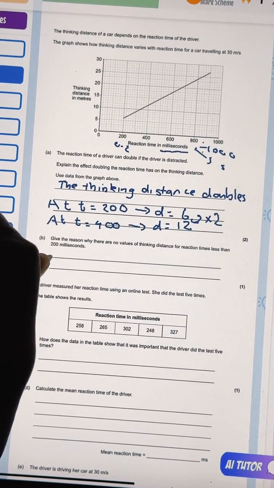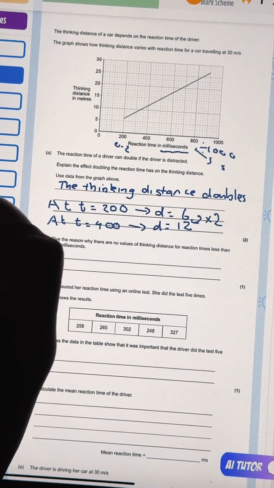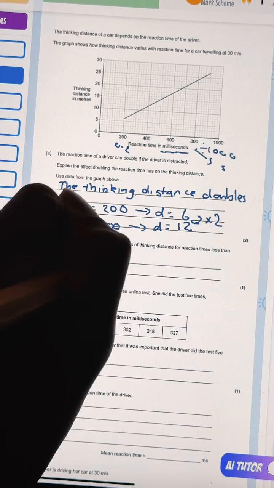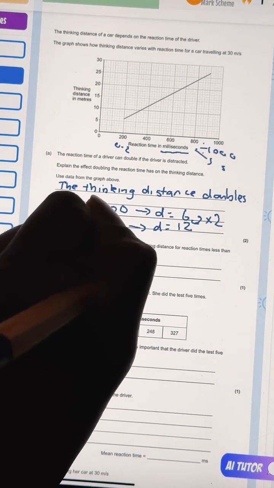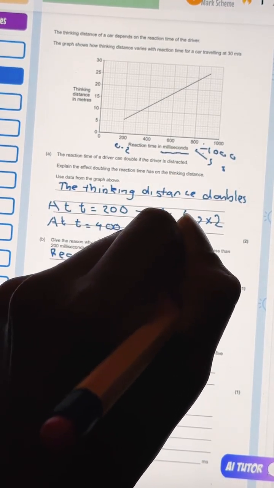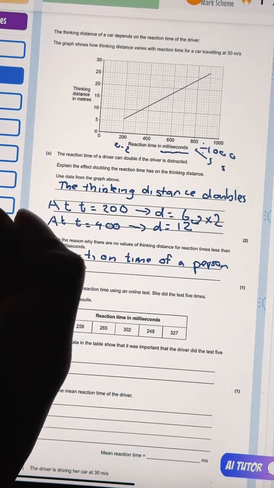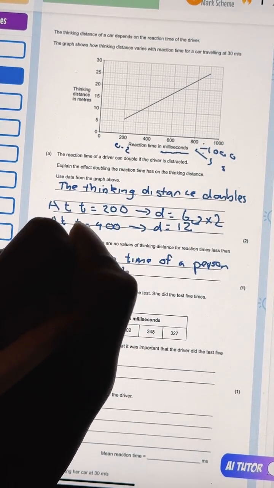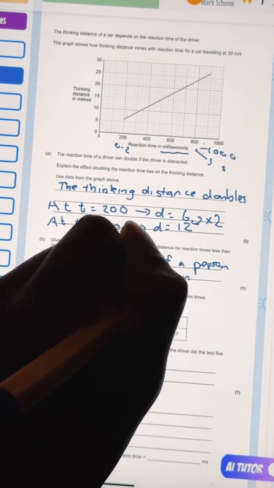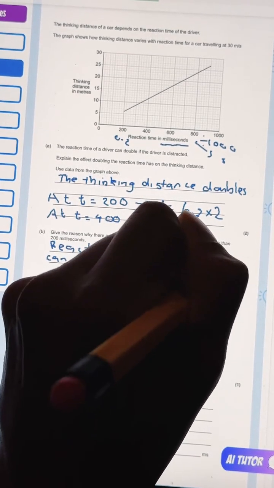So I'd say the reaction time of a person cannot be less than 200 milliseconds.